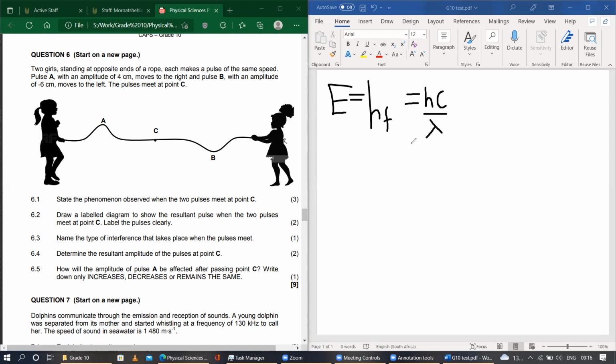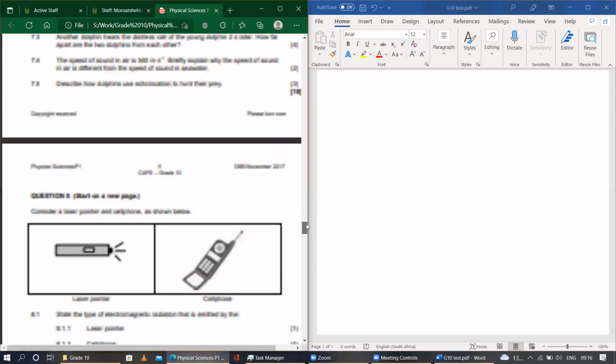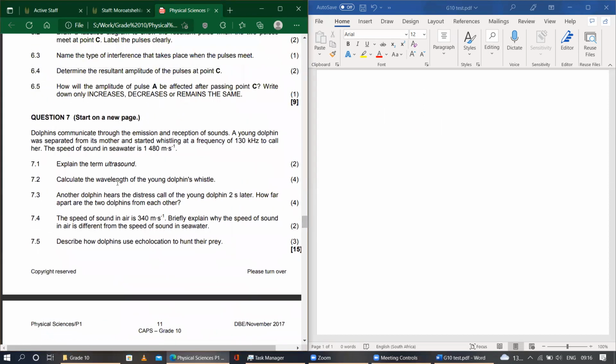But the thing about this topic is, I don't know if we're still going to do this part because we didn't learn any formulas yet. It's still in the basics. I don't think we're going to need it for question 6, but I'm taking it a step further so that you know what to expect, because for question 7, it's also based on waves, and there they want you to calculate the wavelength and the speed and stuff.